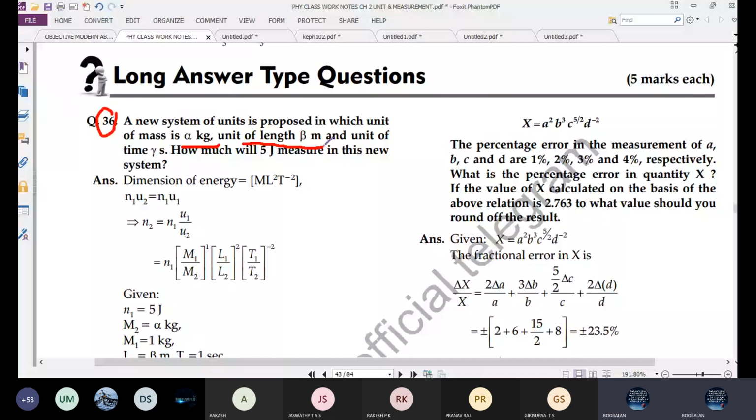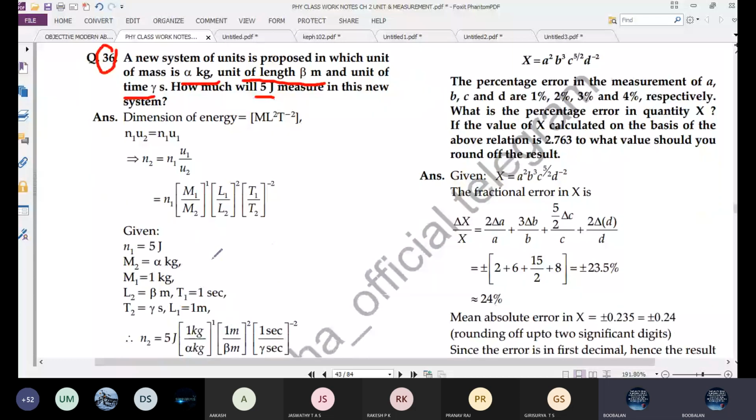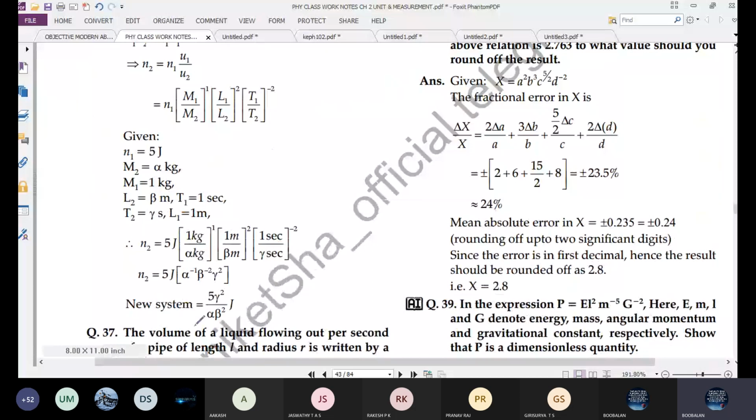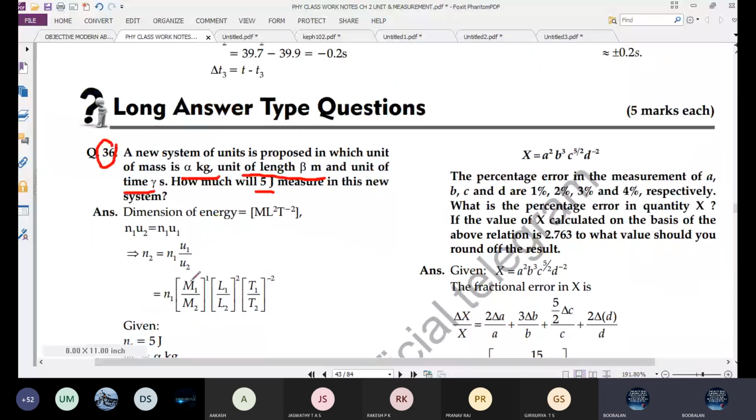Joule is the SI unit, but one more unit is alpha kg, beta m, gamma second. So this is the new system from alpha, beta, gamma. In this PDF, after the class, you can try. If you have any doubt, you can ask next class. If you see some interesting problem.